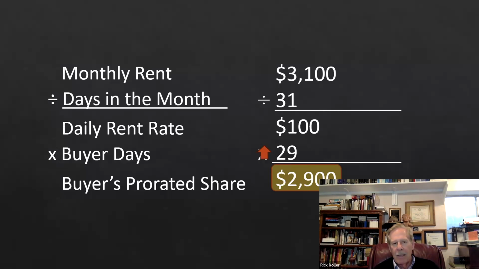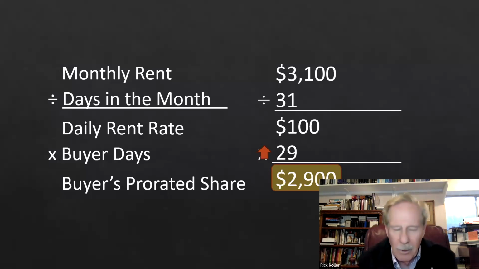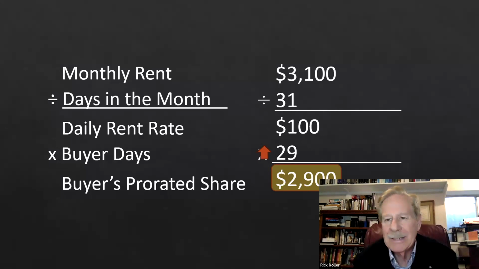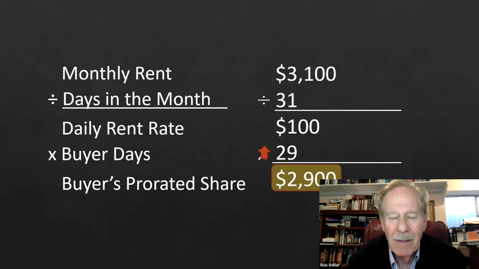Okay. Now, in addition to the rent, make sure that the seller also transfers the security deposits, because when your current tenants move out, they want their security deposits back too, assuming they didn't tear the place up. They left it in good shape. So you're going to want those from the seller as well.